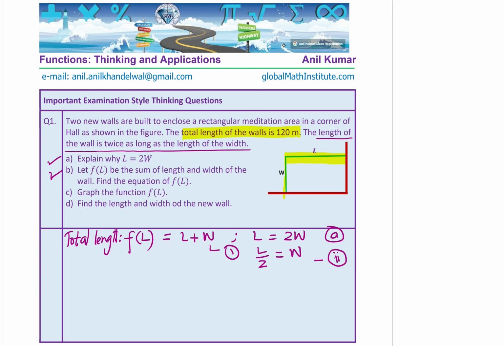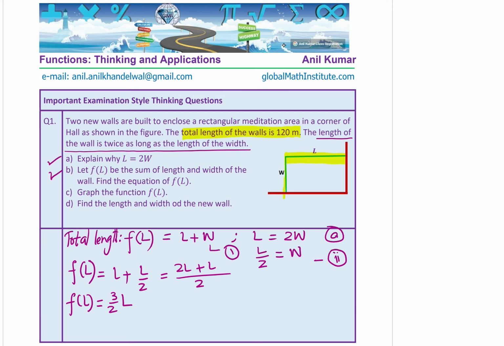Now, if I substitute 2 in 1, then what do I get? I get that the function of total length is basically L plus width, which can be replaced by L by 2, right? So now we can combine these. We get 2L plus L over 2, and that gives you the function f of L equals 2 plus 1 is 3, so we get 3 over 2 L. Is that clear to you?